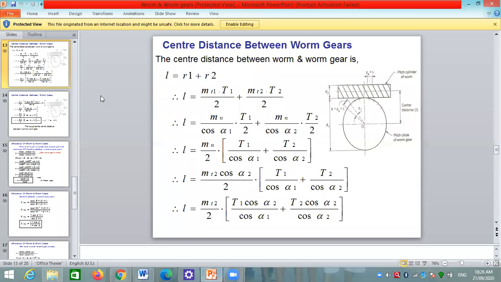Okay. Then center distance is equal to L, which is equal to R1 plus R2. We write R1 in terms of MT1 into T1 divided by 2 plus MT2 into T2 divided by 2. We will then write what Mn is.